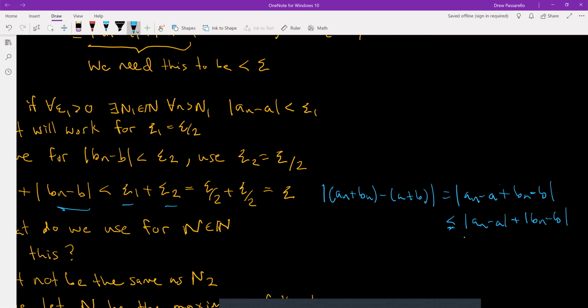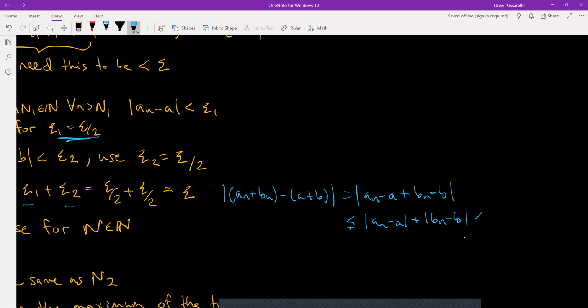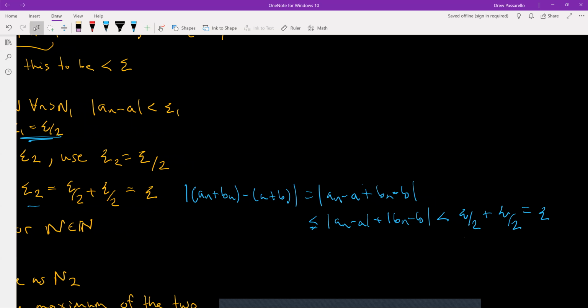Well, the absolute value of a_n minus a is less than epsilon 1, which we're using as epsilon divided by 2. So this whole thing is less than epsilon over 2, and same thing for the other one, where we're using epsilon over 2, which is equal to epsilon. So therefore we have what our proof should be.